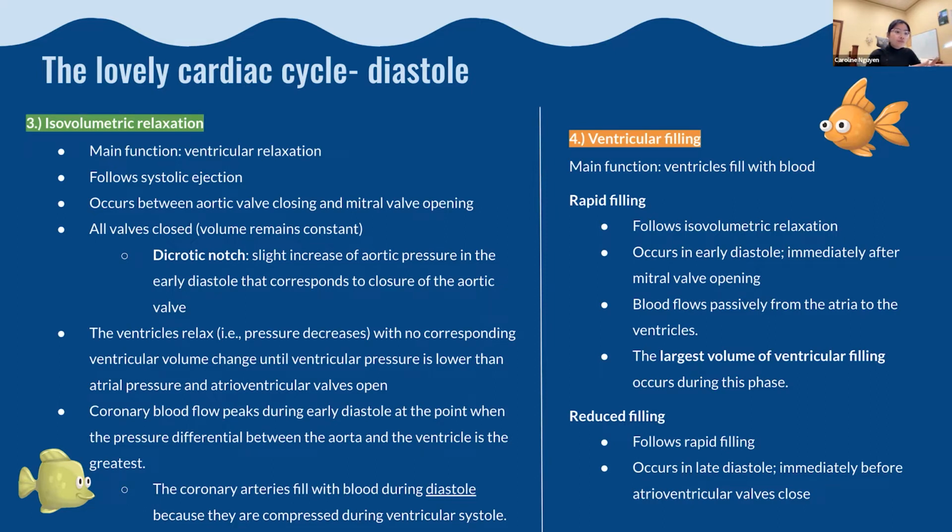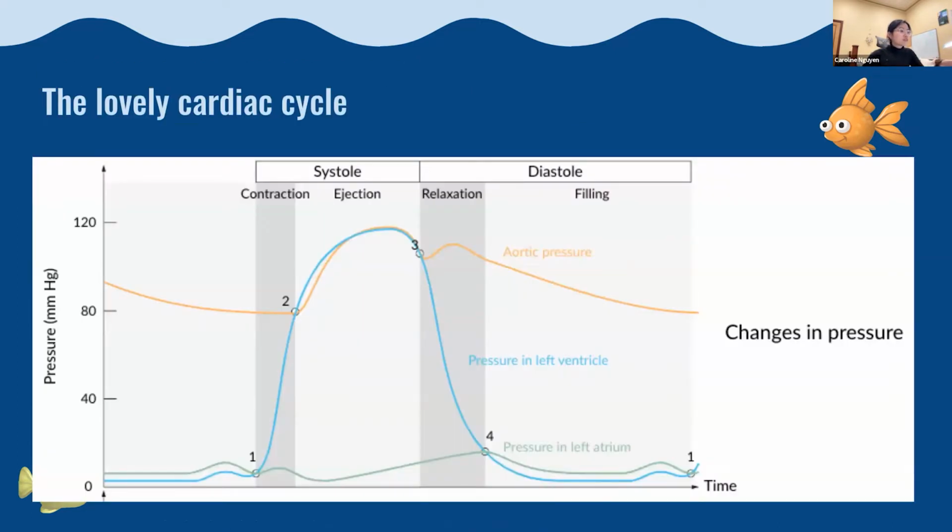If we use the same diagram, we can see the ejection finishes, and there's a decrease in the pressure in the left ventricle. Then after the relaxation, a valve, you can tell me which one, will open, and then the filling will occur for the left ventricle.